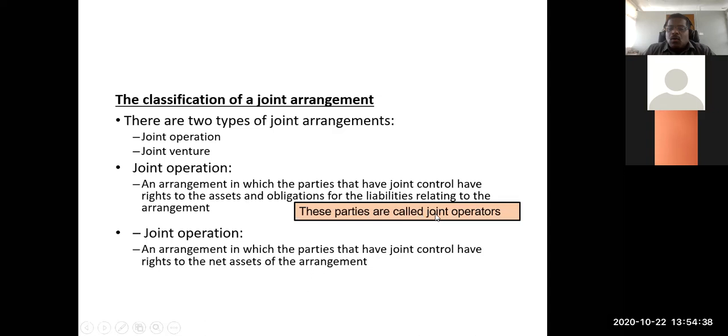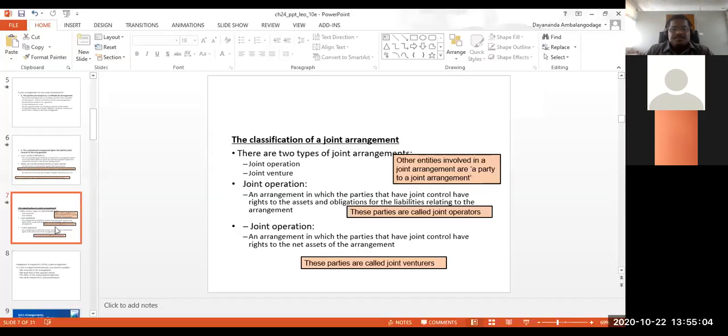These parties are called joint operators. We are going to account for these joint operators. Then, the joint venture definition: an arrangement in which parties that have joint control have, this is not joint operation, I think it's a mistake again.